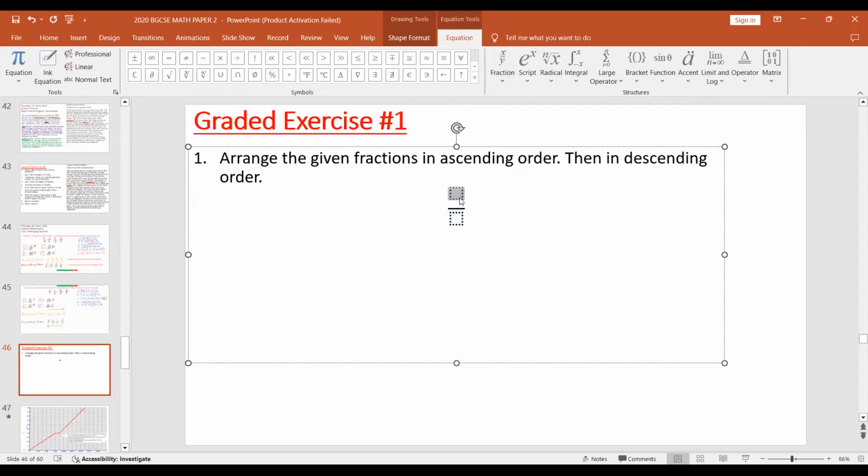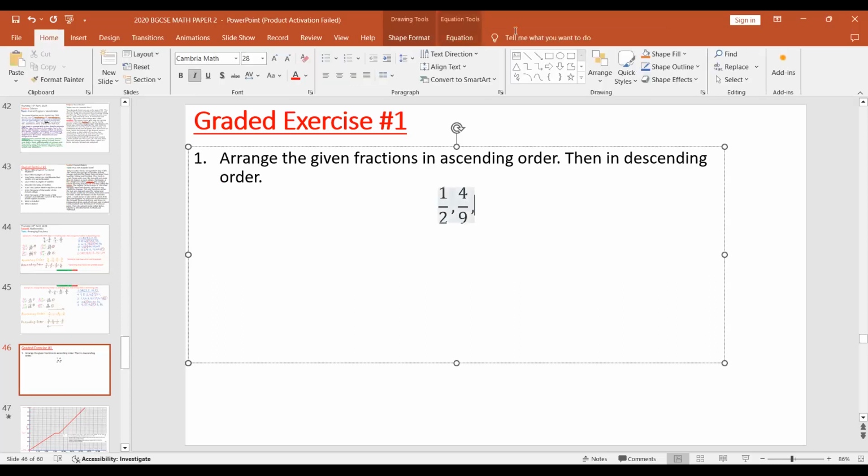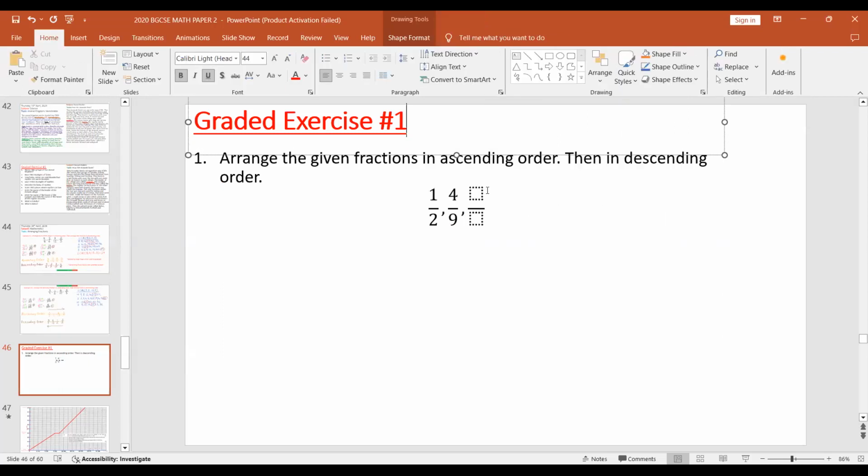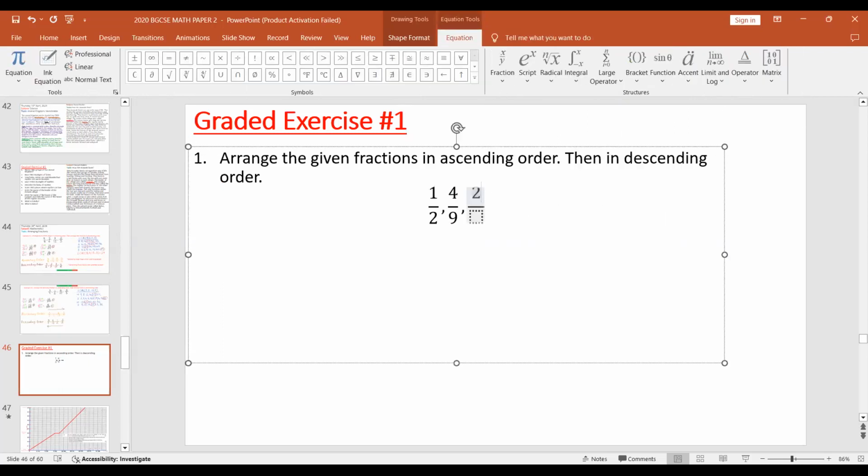So we have 1/2, 4/9, 2/3, and 5/6. So you arrange these fractions in ascending order and then descending order.